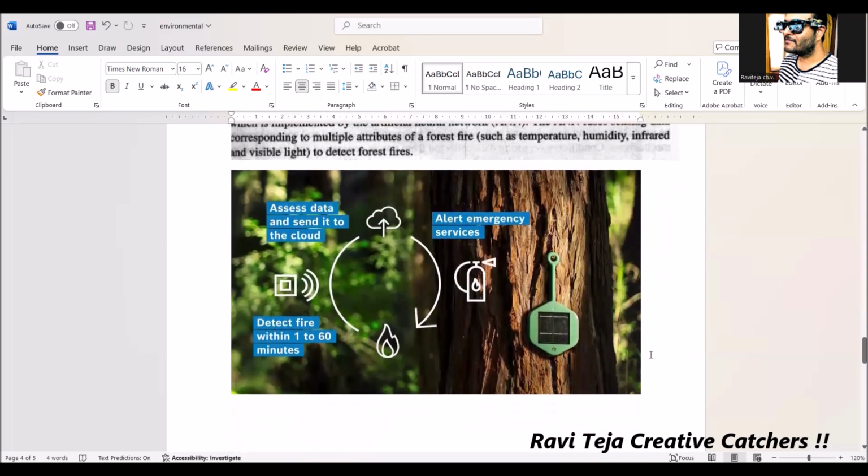So this is how it looks. If there is a fire or fire-like emergency, these IoT devices will automatically send an emergency alert to the emergency services, such that the particular action can be taken.